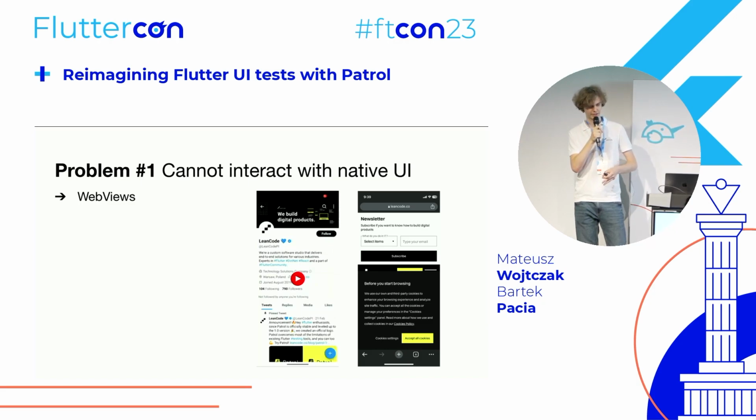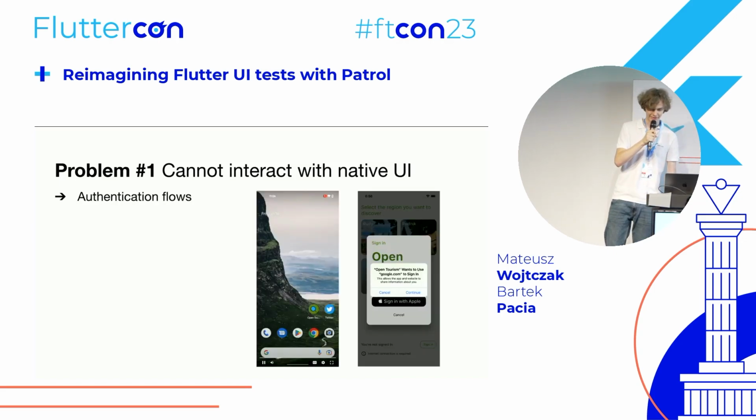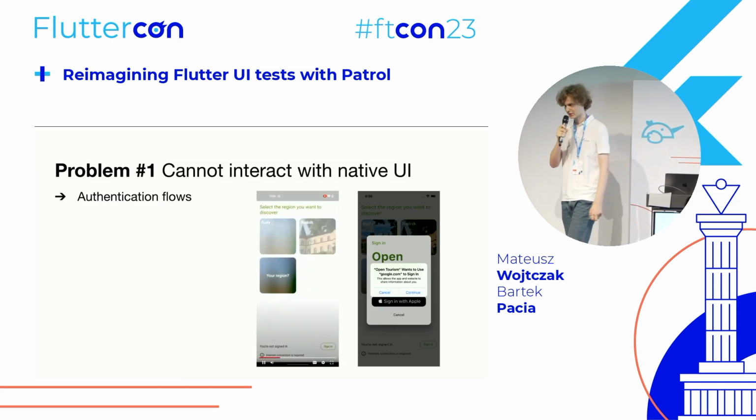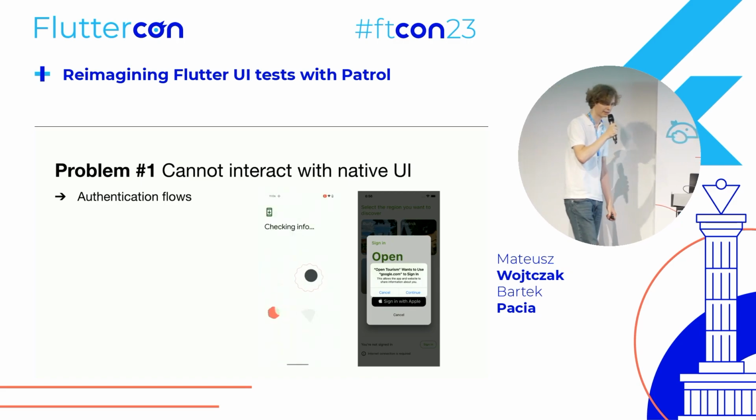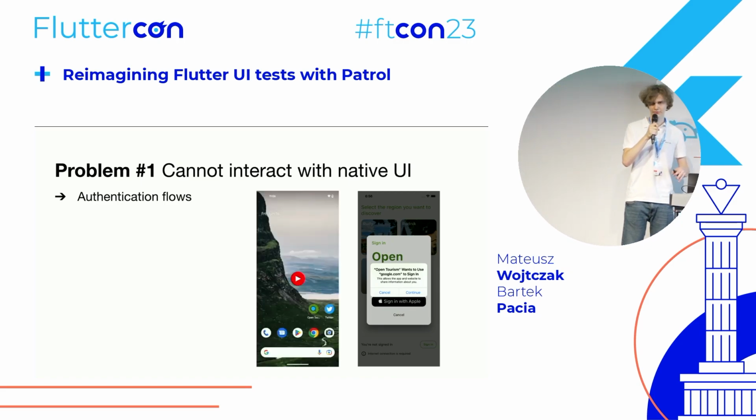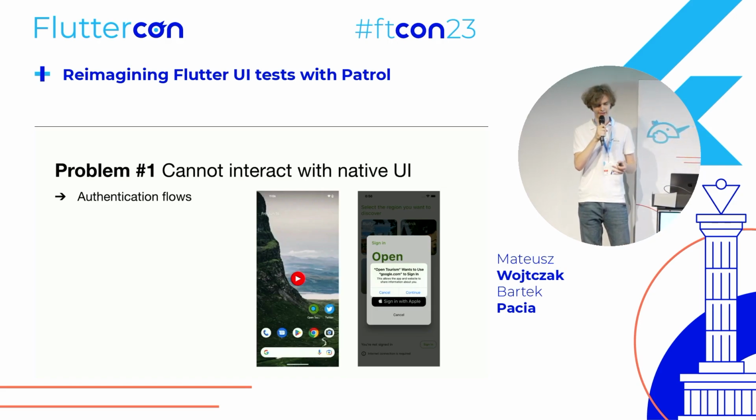So you cannot interact with them in any way, and that's really bad, right? And also another common issue are authentication flows. For example, sign in with Apple, sign in with Google. They are using native UI, not Flutter UI, so you cannot interact with them in any way.